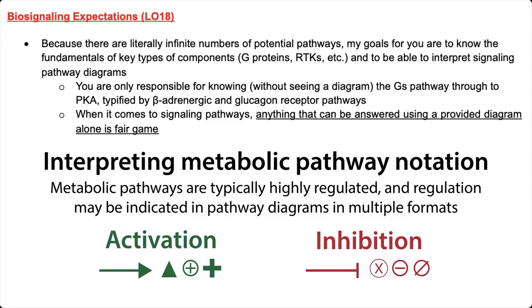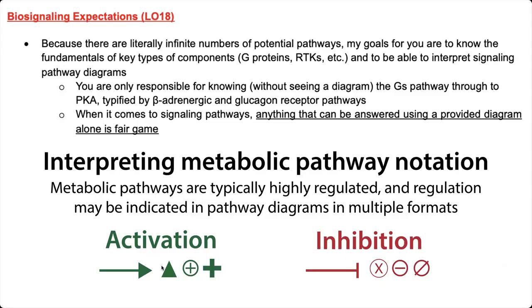So when you're looking at biosignaling pathways, the key thing is to follow the arrows and look for signs of activation and inhibition. Unfortunately, these are often going to be drawn differently in different pathways, and different people and different journals have different styles. When you're looking for activation, you're often going to see something in green, maybe.